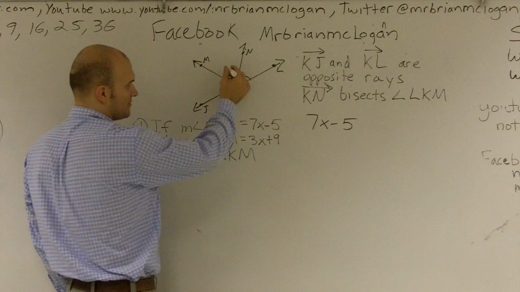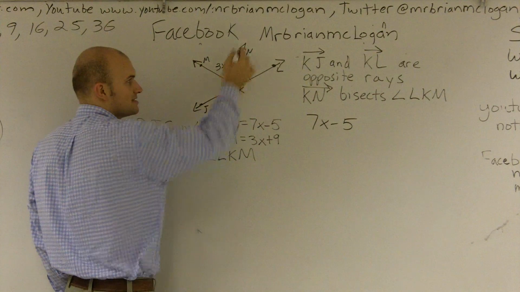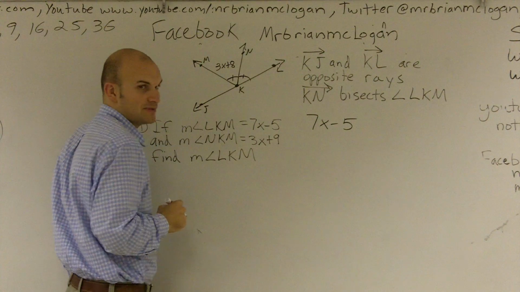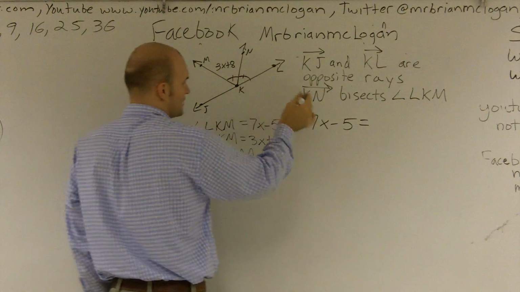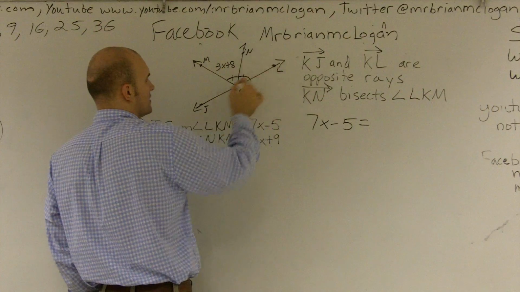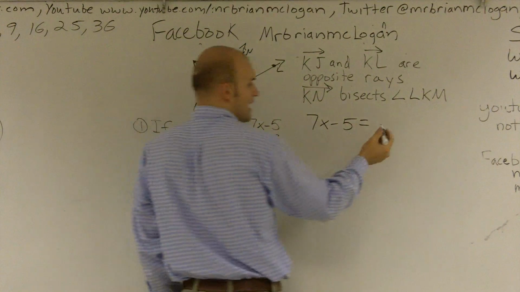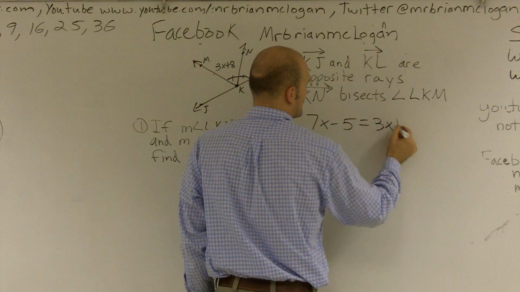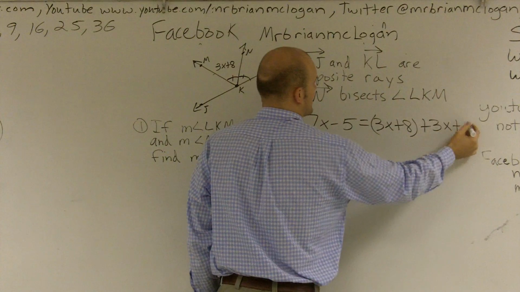So if I know that this is 3x plus 8, and since KN bisects the angle, this is also 3x plus 8, I can write that the whole angle LKM is going to equal both of these added together. So 3x plus 8 plus 3x plus 8.